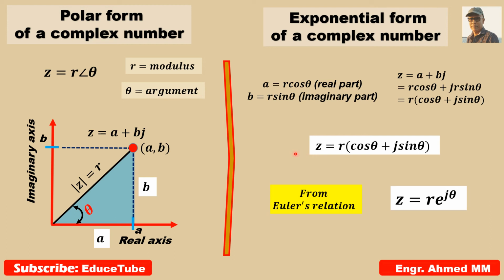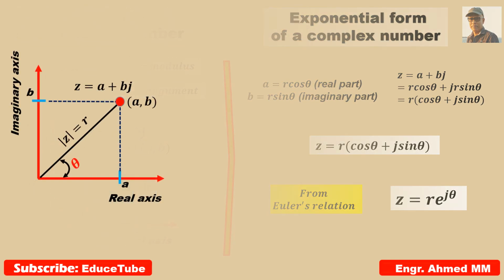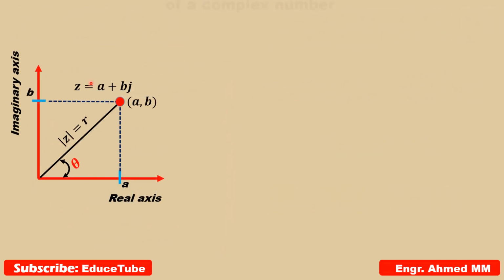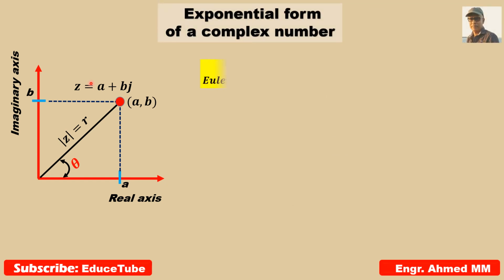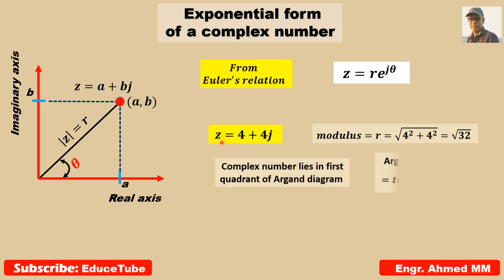In the next slide, we will do one example. We already know this from Euler's relation. Say z equals 4 plus 4j.